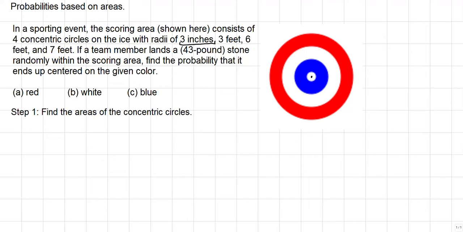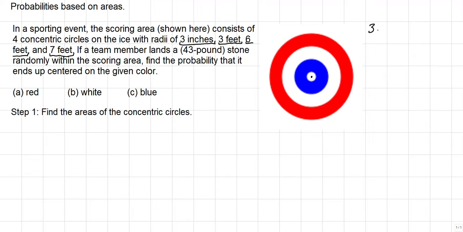Now let's address that for a moment, because the rest of the radii are given in terms of feet. We need to make sure that our units are the same. And since 3 of the measurements are in feet and 1 of the measurements in inches, we're going to convert the measurement in inches to feet first.